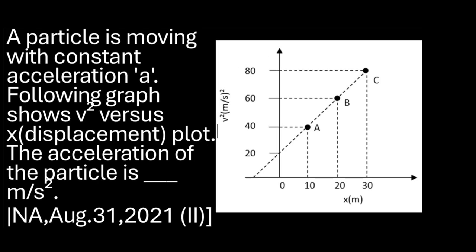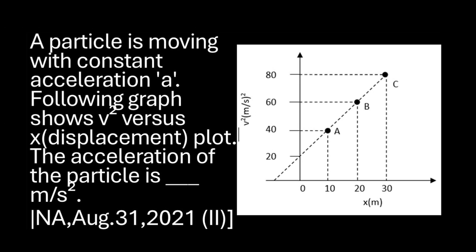Let's have a look at other questions as well. Again, 2021. What do we have here? Constant acceleration, v square versus x graph. So v square versus x. This again was, I wouldn't say a challenging question, but definitely not easy. Okay.